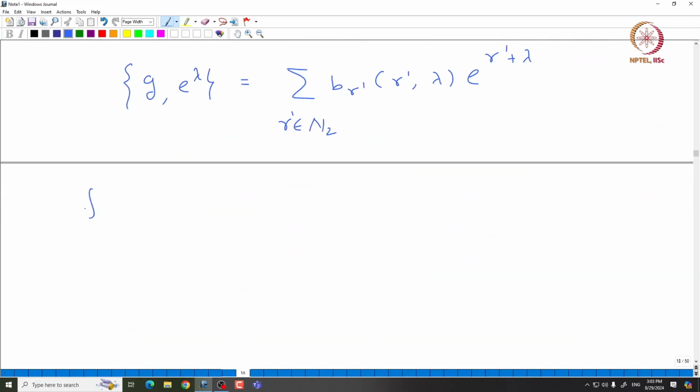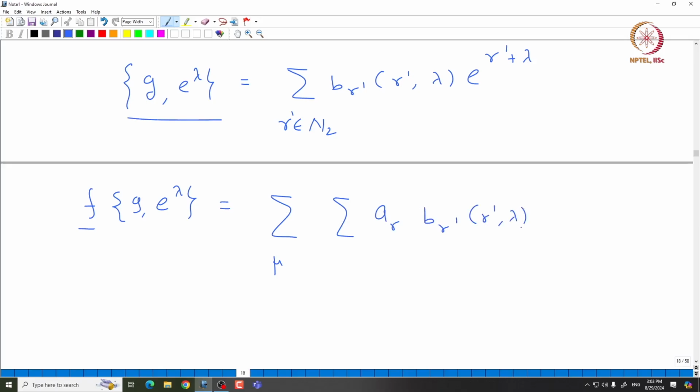Okay. So, in particular if you take [f times g, e^lambda]. You can see that this is going to be the summation over mu, the summation of this. So, this f is going to give you a_gamma and then this element is going to give you b_gamma', but this (gamma', lambda) will be there on the side, with gamma plus gamma'.